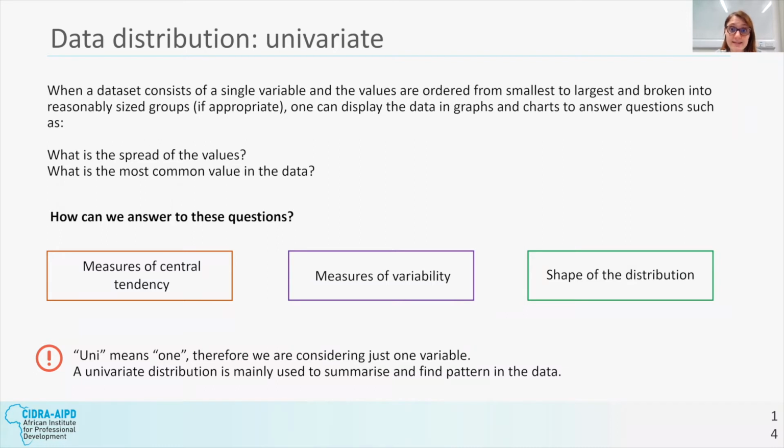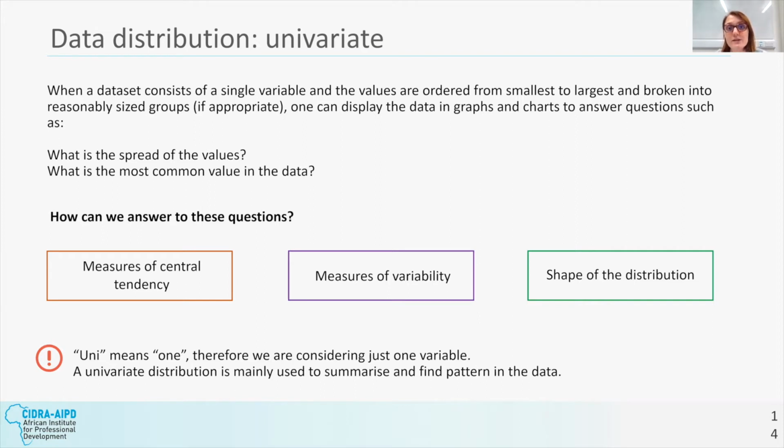When we have a univariate data distribution, what we can do is answer questions about the data. Some of these questions could be, what is the most common value in our data? And to do so, we have a very helpful class of measures which are called measures of central tendency or of centrality. Or we can have questions more concerning the variability in our data. We want to know how spread our data are.